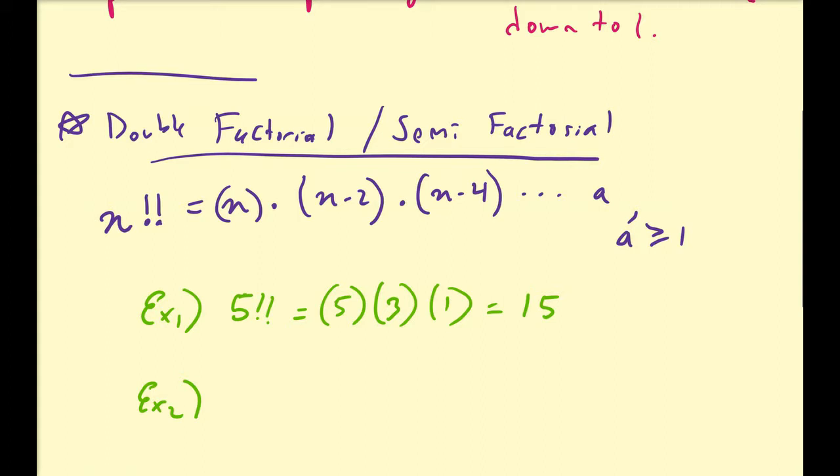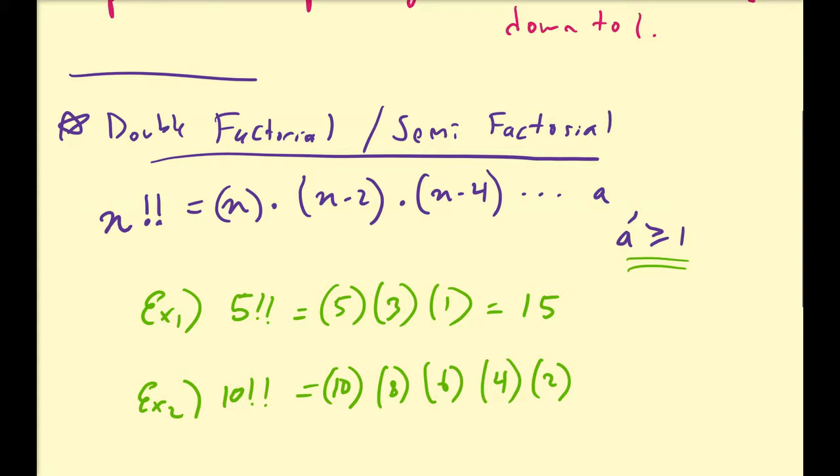Another example, 10 double factorial is the product of 10 and all its numbers less than it in steps of 2. So 2 steps down from 10 is 8, then 6, then 4, then 2. If we go 2 steps down from 2, the next number is 0, and 0 times anything is 0, so we stop at 2. If you multiply all this out, you should get 3840.